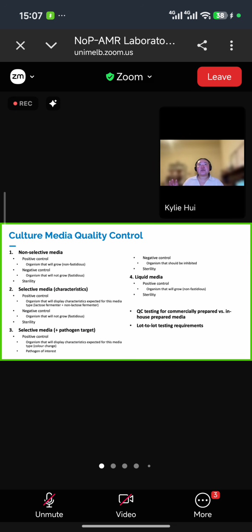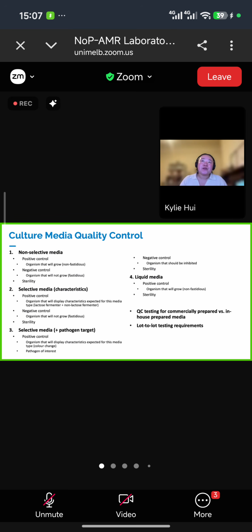So now we're getting into the nitty gritty of what controls to run for what. For non-selective media, we will have a positive control and a negative control.